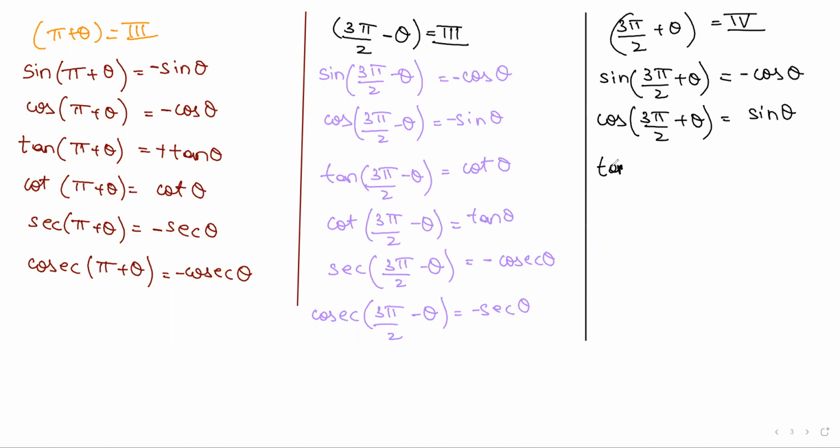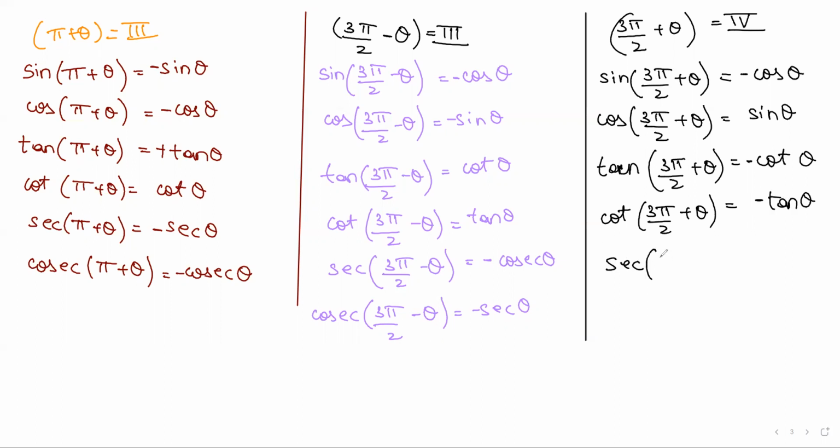Tan of 3 pi by 2 plus theta is equal to, tan gets converted into cot. Tan is negative in the fourth quadrant, so it is minus cot theta. Cot of 3 pi by 2 plus theta is equal to minus tan theta.